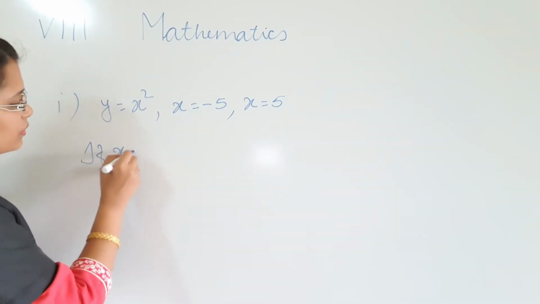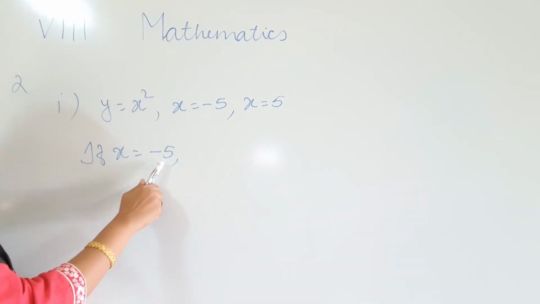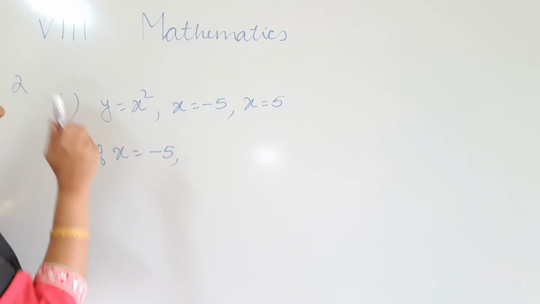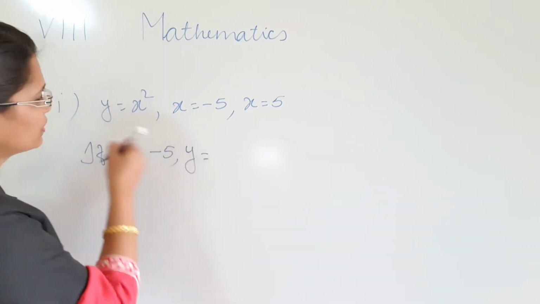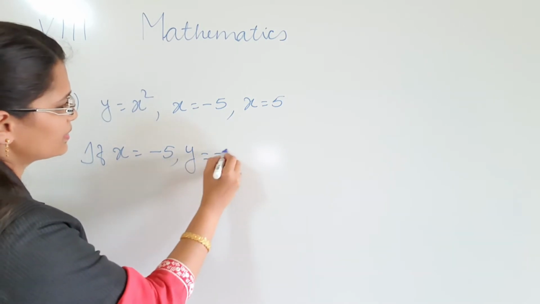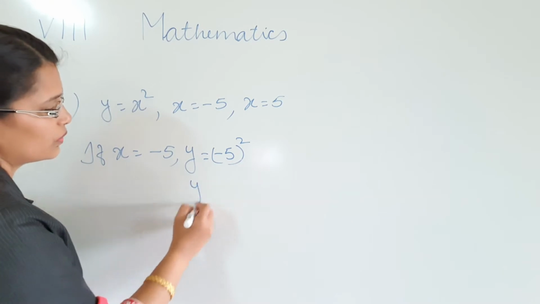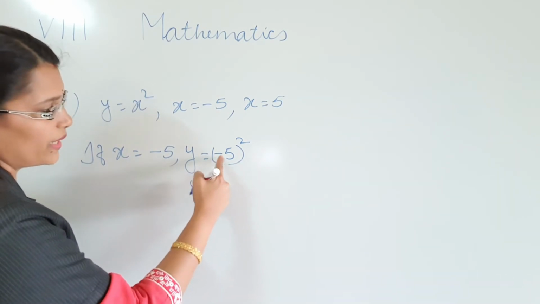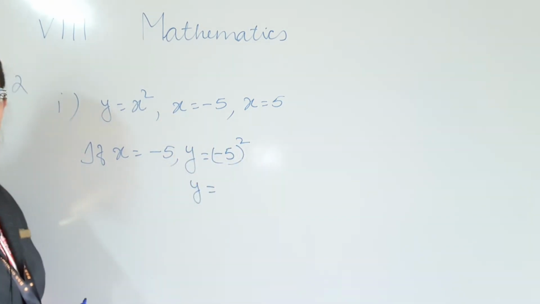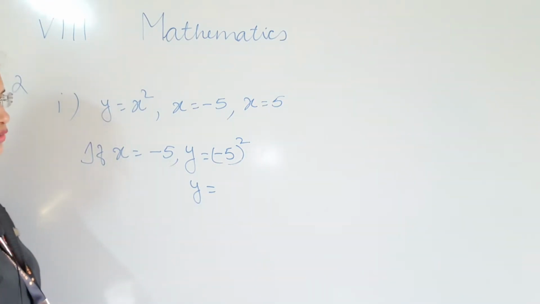If x is equal to minus 5, substitute the value of x is equal to minus 5 here. So what is this? Y is equal to x square. That means minus 5 square. That means y is equal to minus 5 square means minus 5 into minus 5.